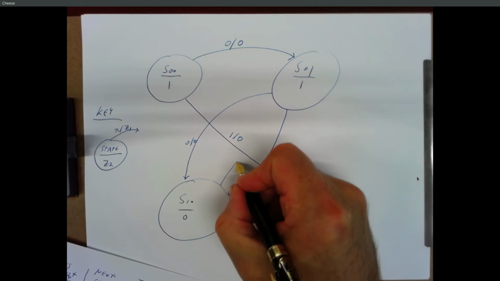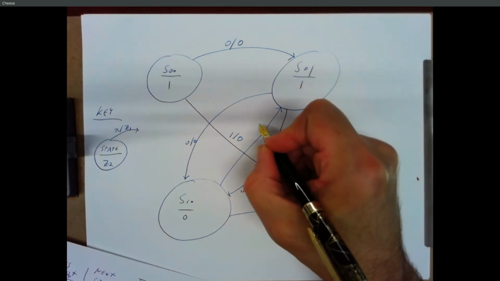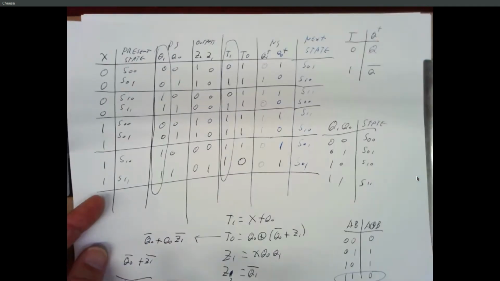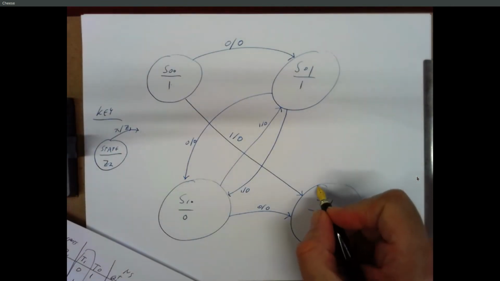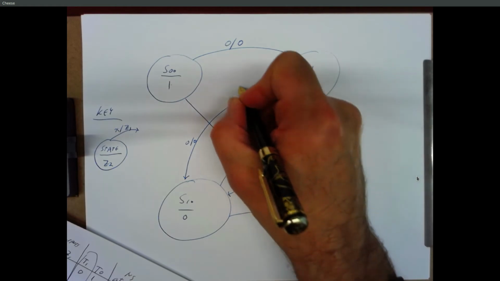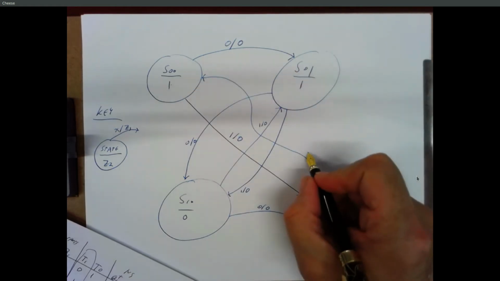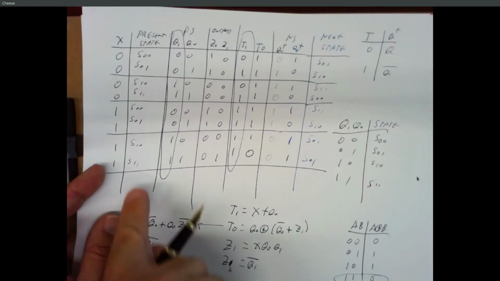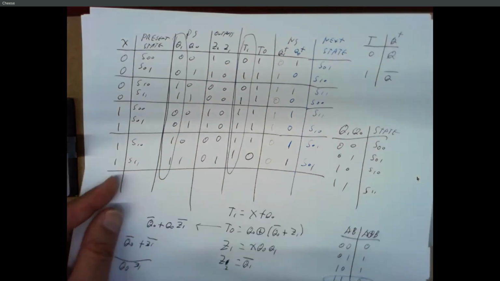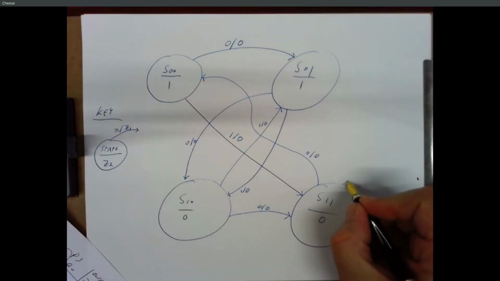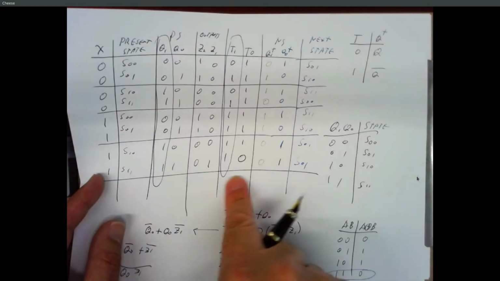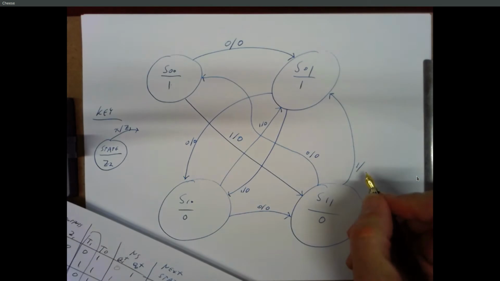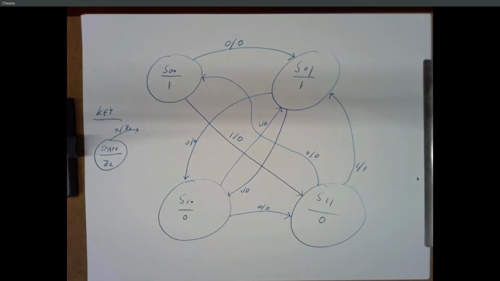So this comes back. State 11 goes to 00 if your input's a 0. So that goes up here. And finally, state 11 goes to 01 if your input's a 1. And in that case only, your output Z1 is a 1. So there's your output. So there's your state diagram.